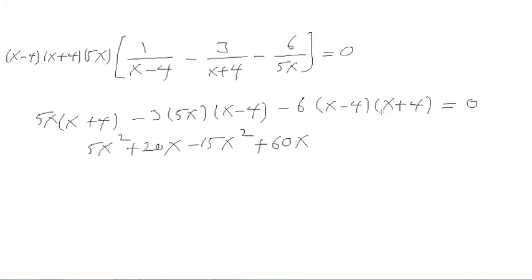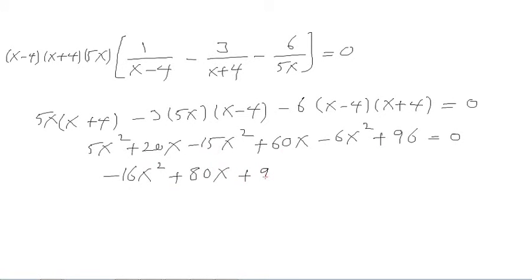And this is x squared minus 16, so I get minus 6x squared, and minus 16 times minus 6 is plus 96, equals 0. Next step, I simplify: 5x squared minus 15x squared minus 6x squared is minus 16x squared, and 20x plus 60x is 80x.